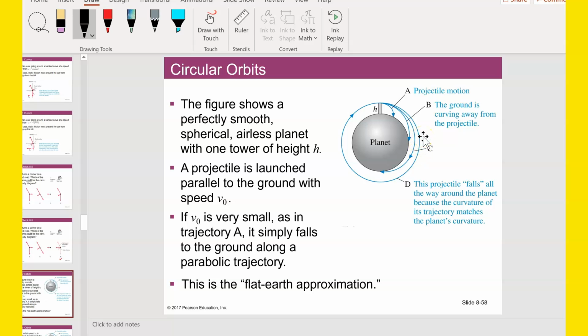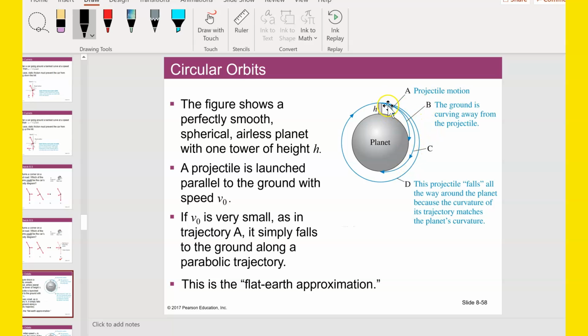an orbit. So it says this projectile falls all the way around the planet because the curvature of its trajectory matches the planet's curvature. And that is what orbital motion actually is. It's like a continual falling all the way around the planet, so the circular arc that it makes is not a parabolic arc anymore.